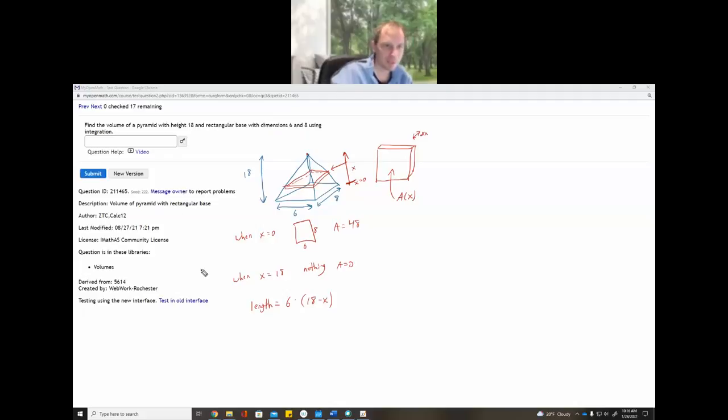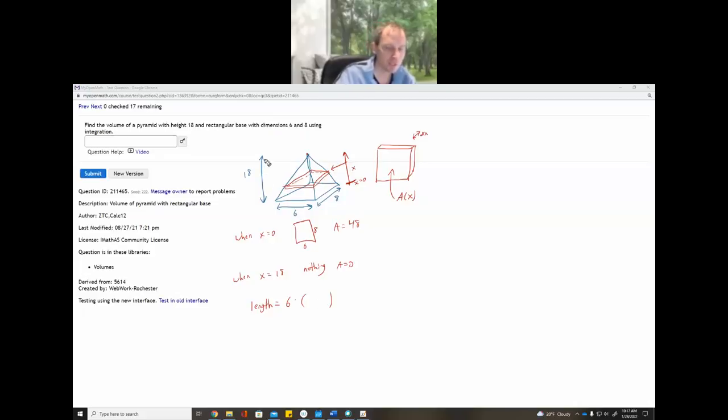I'm sorry, not 18 minus x. That's kind of like the idea that I want. I want to set up something, but when x is 0, I don't want it to change at all, and when x is 18, I want to have wiped that out. What I want to be doing is multiplying by something that's 1 or less.